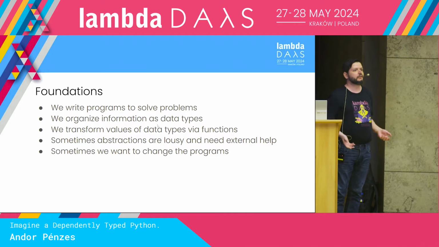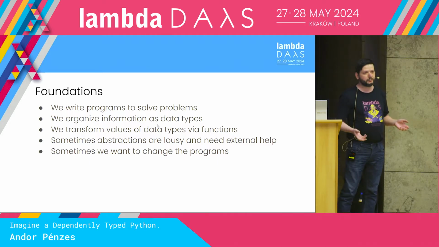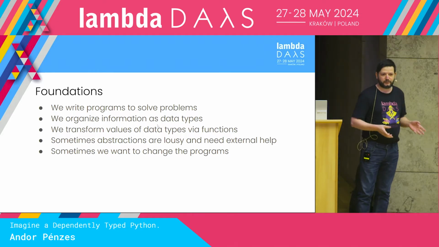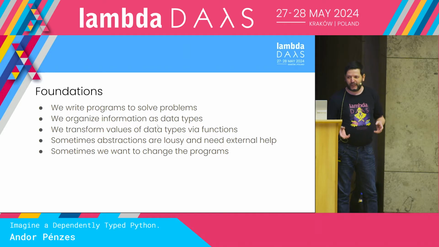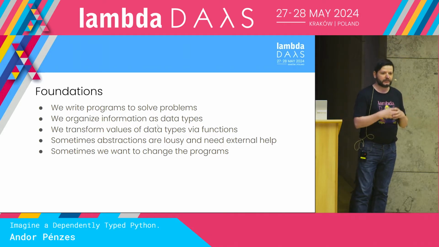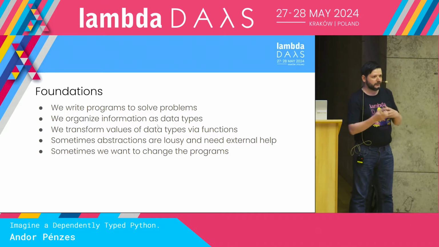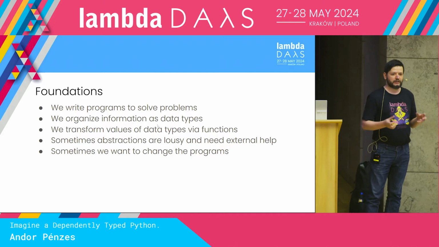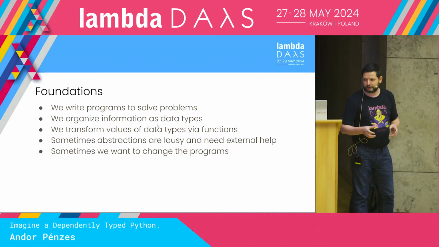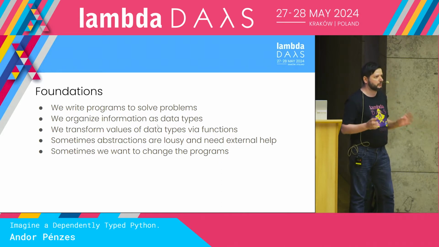Let's go back to the foundations of what we do as software developers. We write programs to solve problems, have some fun, or earn some money. Within these programs, we organize information as data types. With those data types, we write programs, simply writing functions that transform one data type to another data type. But sometimes these abstractions, these functions, are loose.